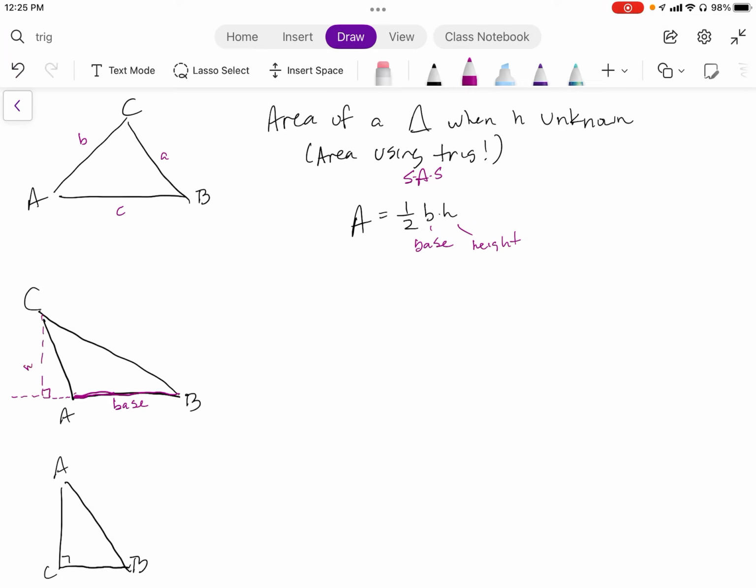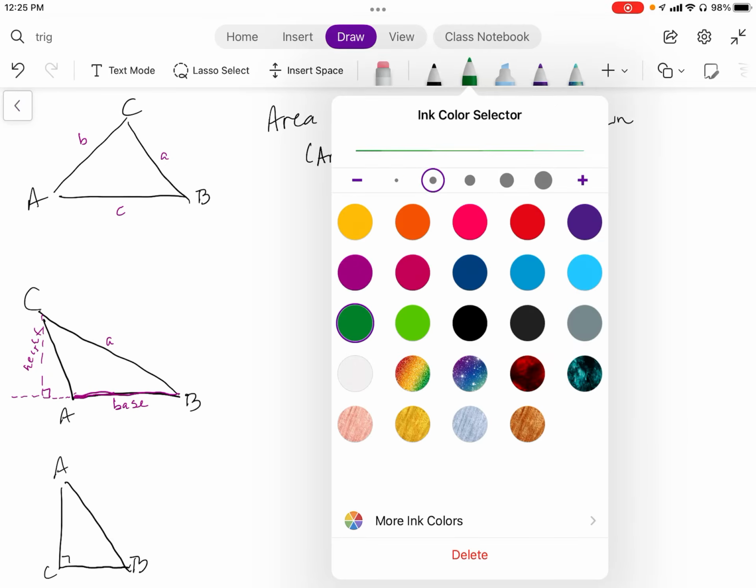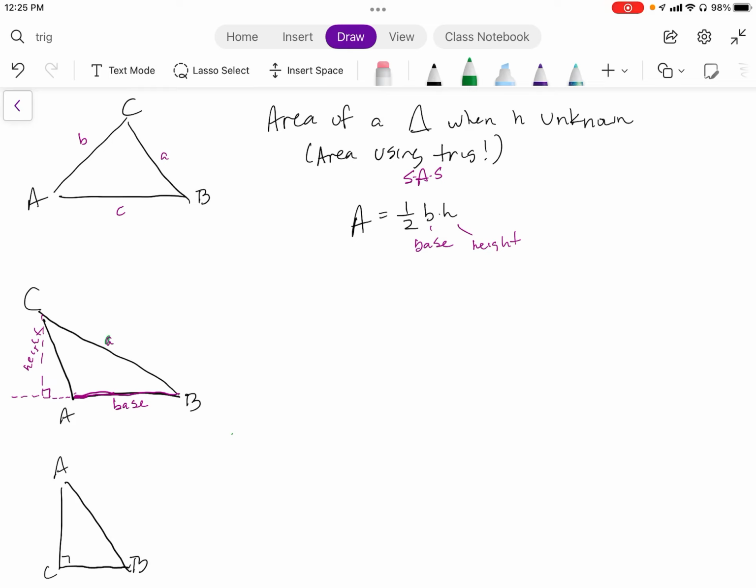This is the height if we used that side length AB as the base. It all depends on orientation. Even in the obtuse triangle, if you knew this length BC, which we'd call little a, and called this the base, now this is the height.